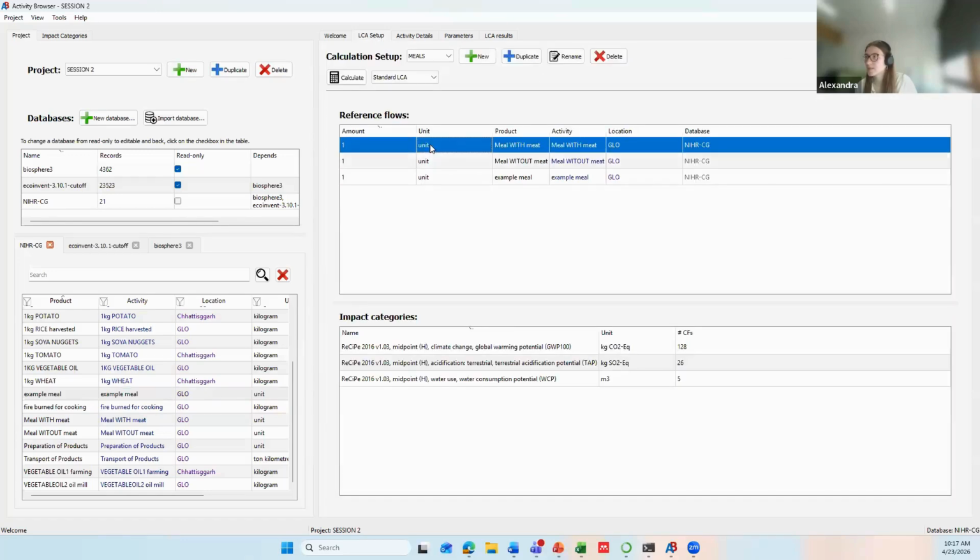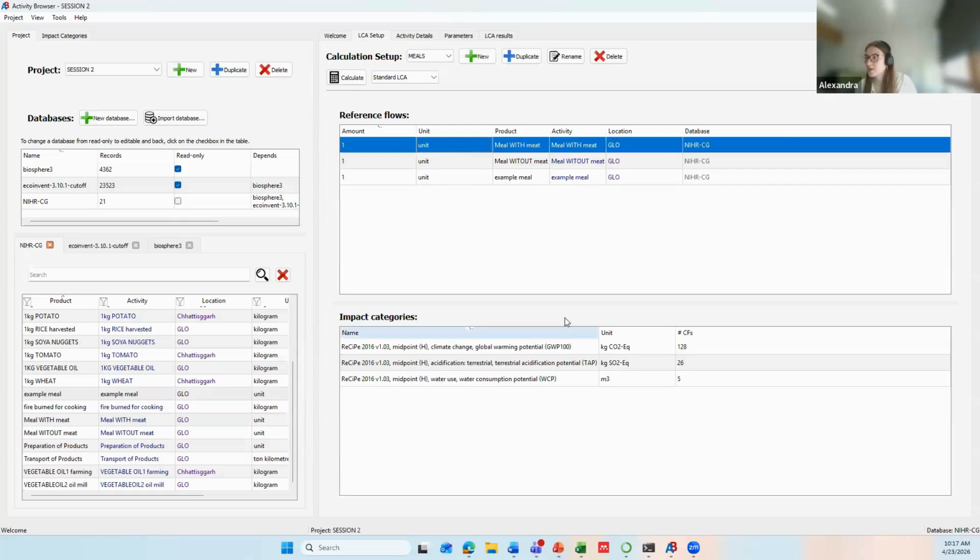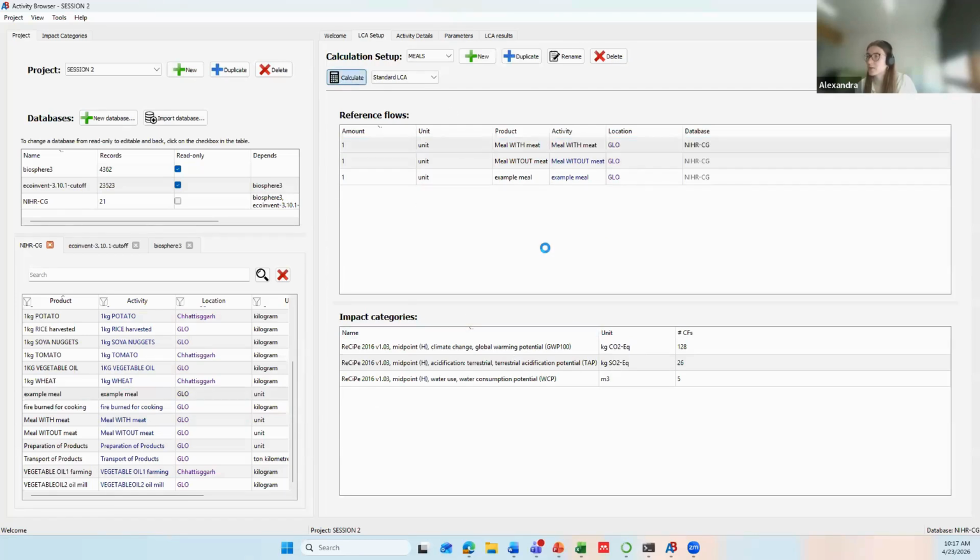Let's go back to the setup, again, same problem. Here we have chicken. Okay. Now we have all the impact categories that we were discussing before. Press calculate.